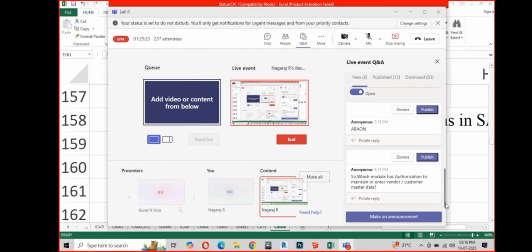I was just going through a few of the questions. Which module has authorization to maintain or enter vendor or customer master data? Now, in the morning when we discussed accounts payable, I said two modules are responsible for maintaining the vendor master, depending on whether you have to have an interaction with the other modules.